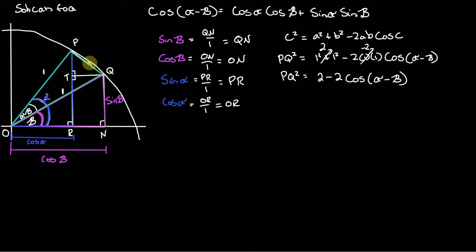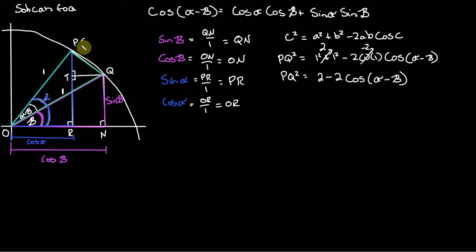But there's a much easier way, and actually a variation on this proof plays on this more. If we think of PQ as the distance D, we can just use the distance formula. And you might think, well, how? We don't know these coordinates, right? But we do know the coordinates, in fact.